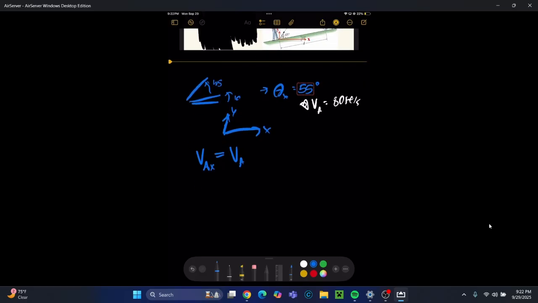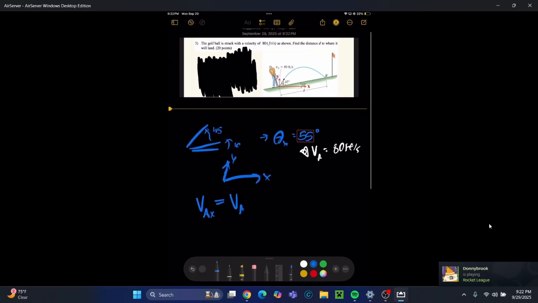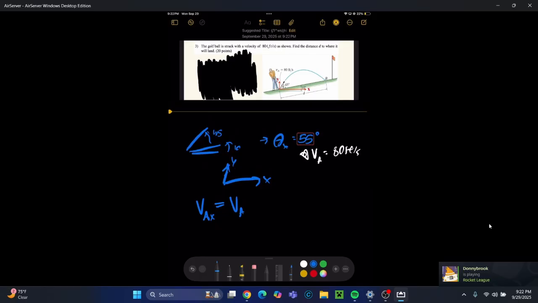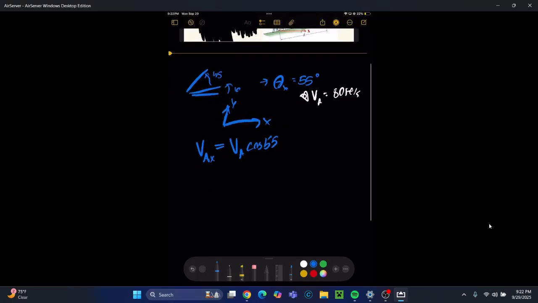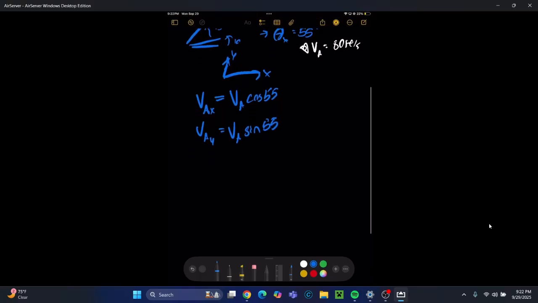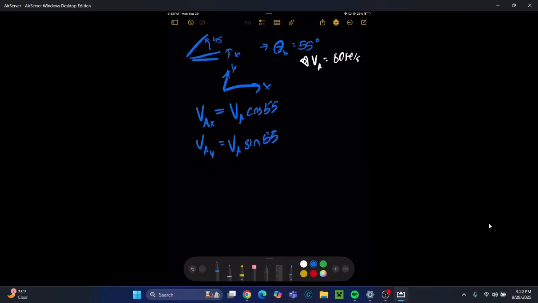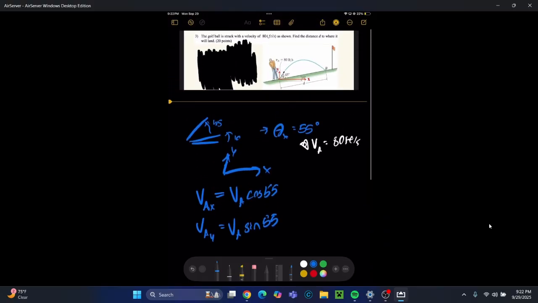And we're looking for x, so this is the adjacent side, that's cosine 55. That gets us our x component of velocity, and then our VAY. If you're astute, you'll realize it's the same idea. Okay, so now we have our velocities and our components.